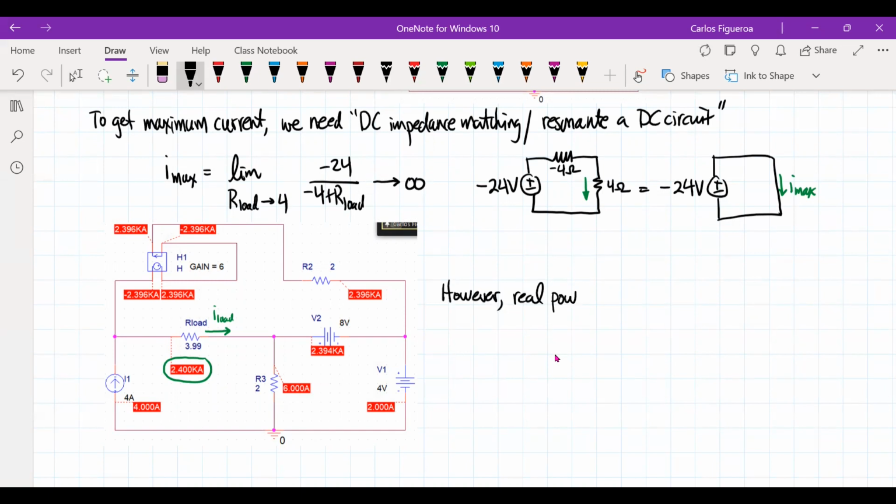However, real power supplies of course cannot put out an infinite amount of current.